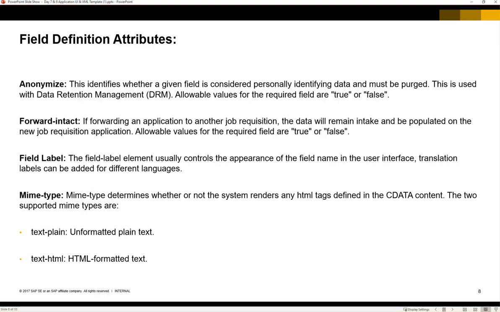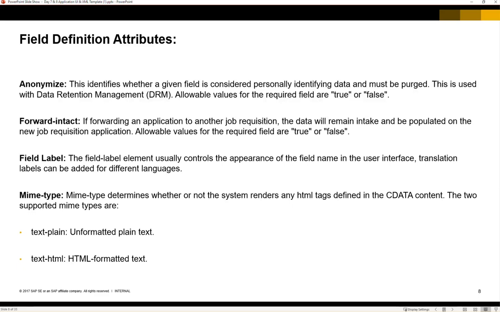Anonymize, this again is either true or false. It identifies whether a given field is considered to contain personally identifiable information, and that means it must be purged from the system. So this is used in conjunction with data retention management.